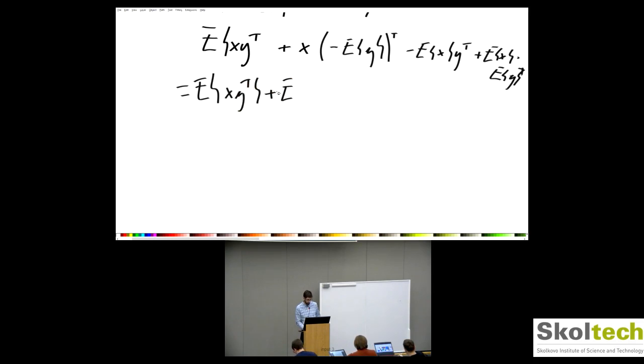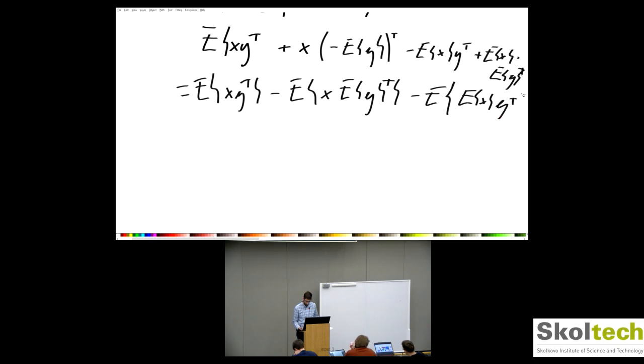This is the second one. Third one. I'm just grouping things here, but you will see that we'll get some things simplified. And then again, we have this fourth term.